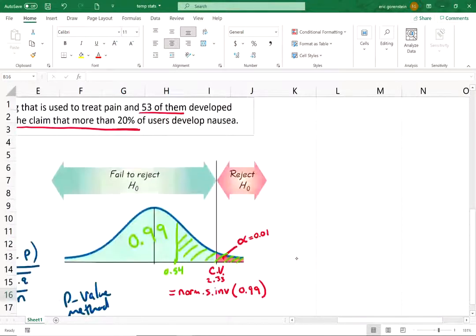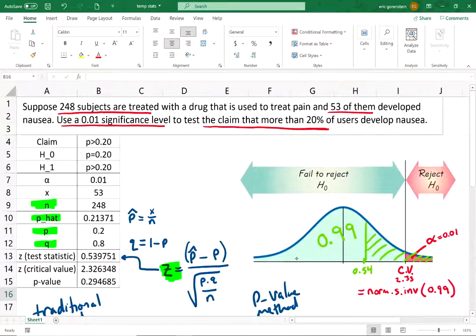All right, so let me go back to the original problem. Test the claim that more than 20% of users develop nausea. Maybe they do, maybe they don't. This is not enough data to support that claim. We're not rejecting the claim. We're just saying we don't have enough data. We need more data to determine whether or not we can support that claim.